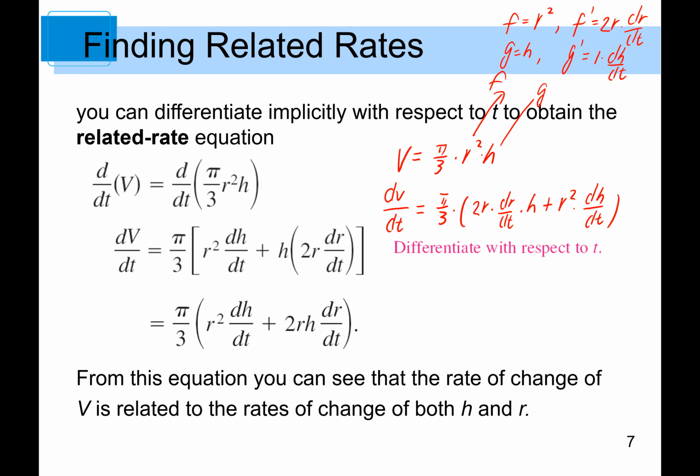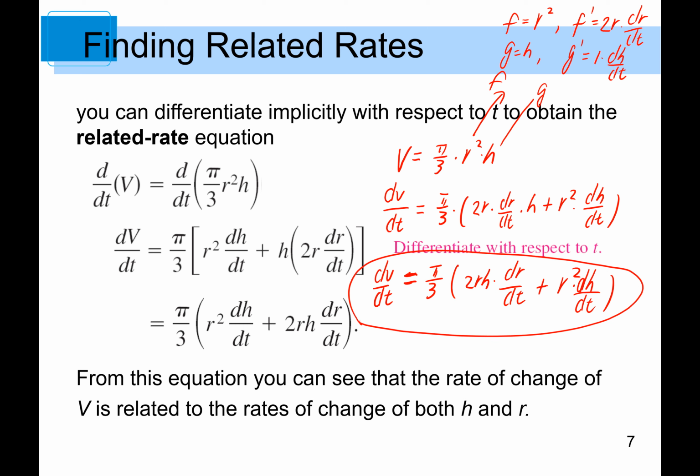Okay, then just simplify this, so we end up with dV over dt equals pi over 3 times 2rh times dr over dt plus r squared times dh over dt.